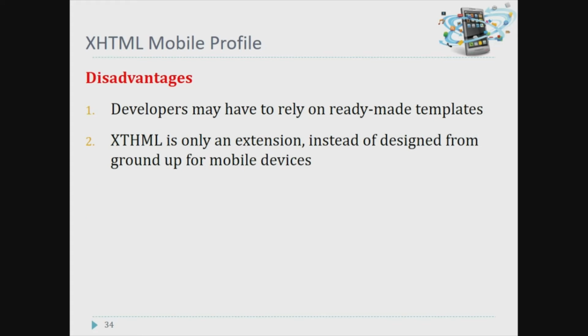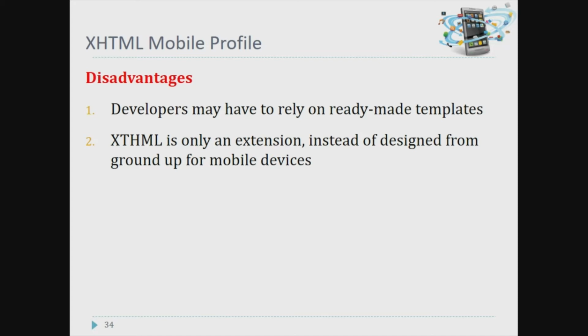How about the disadvantages? Number one, developers may have to rely on the ready-made templates that are already there. And second, XHTML MP is only an extension instead of being designed from the ground up for mobile devices. So we just extend from what we have.